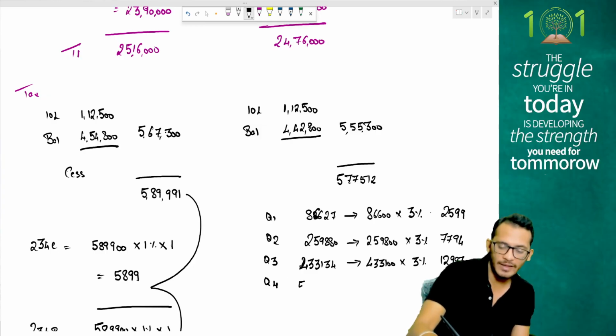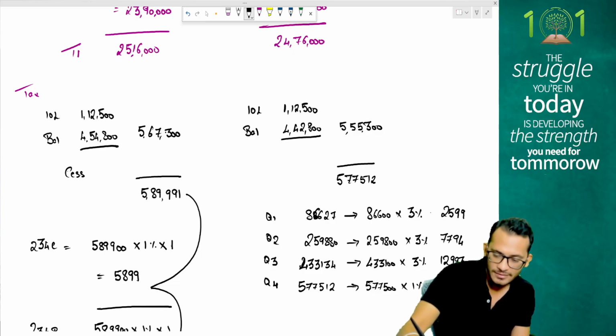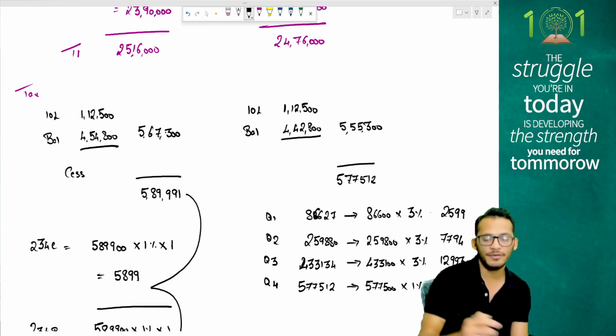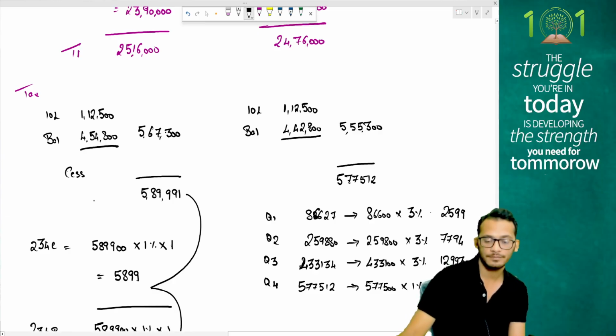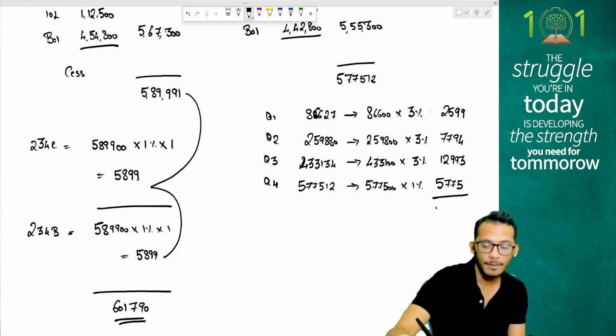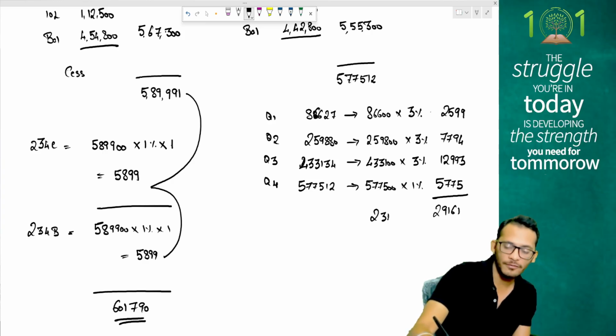Final number is 577,512, getting rounded off to 577,500 into 1%. On the calculator, it is 5775. Totaling of interest comes to 20... Okay, this is my 234C.